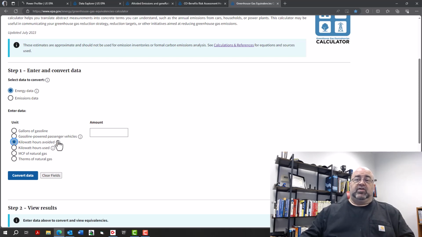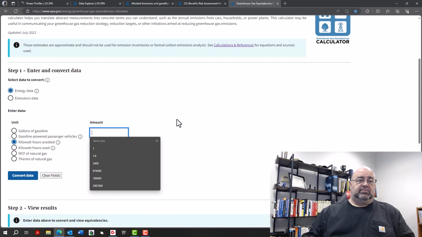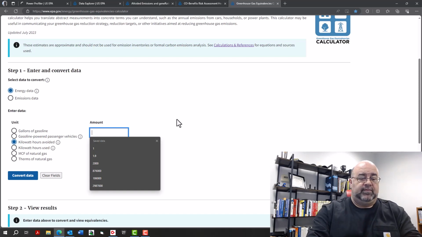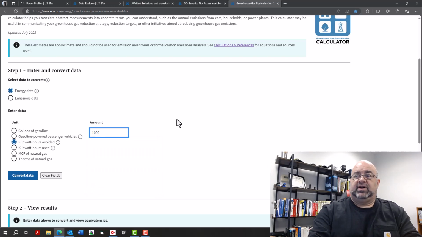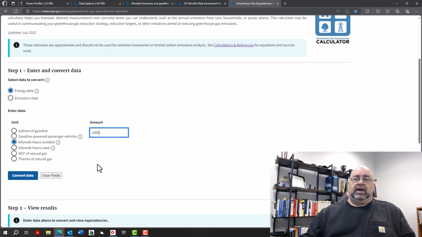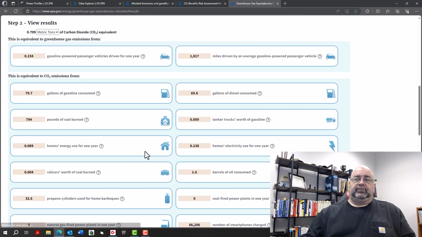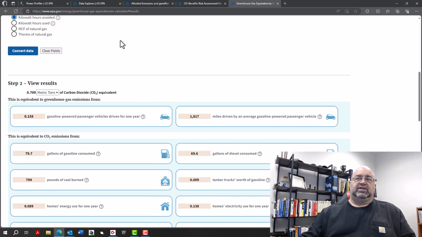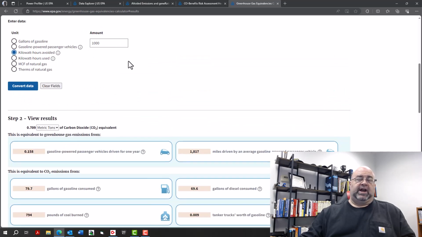So if I say, okay, let's go with 1,000 kilowatt hours avoided. I convert that data. It's going to do a couple of things. Here's my 0.709 metric tons of CO2 per megawatt hour.